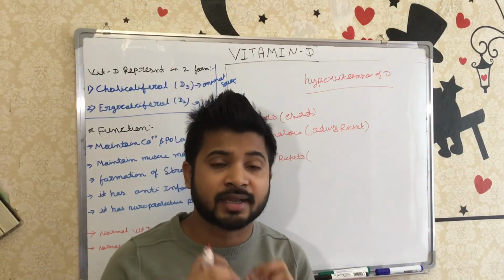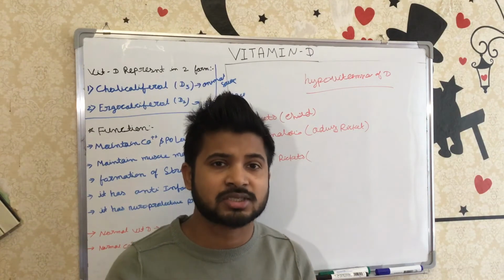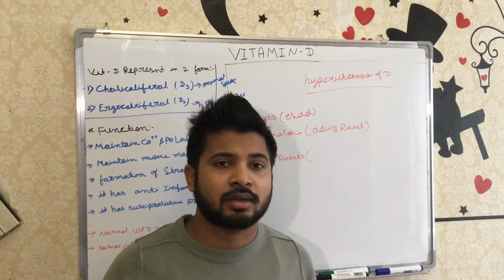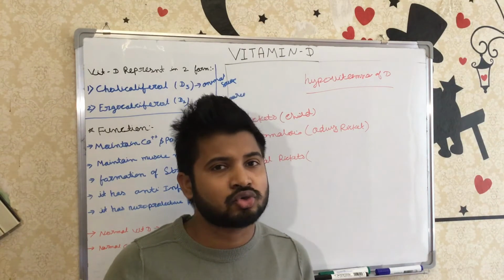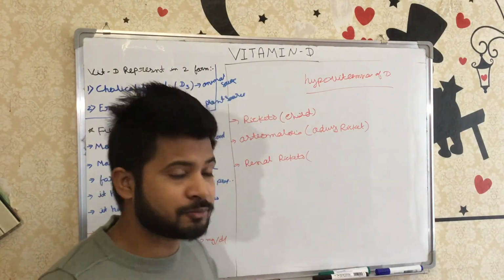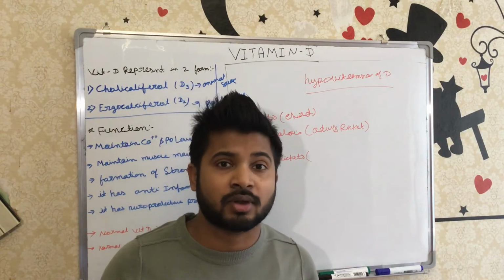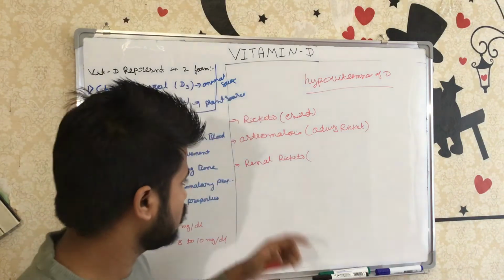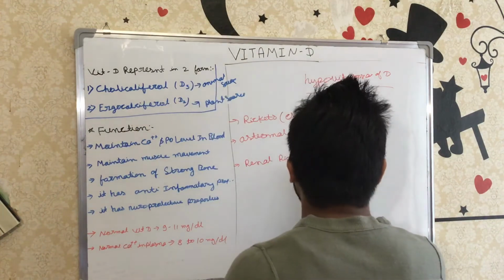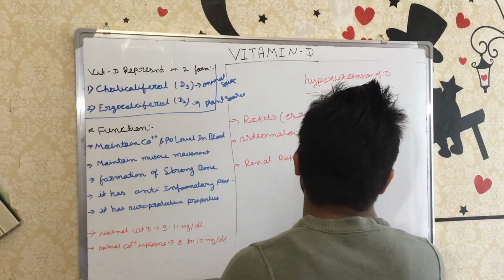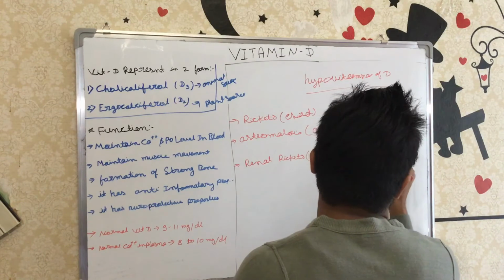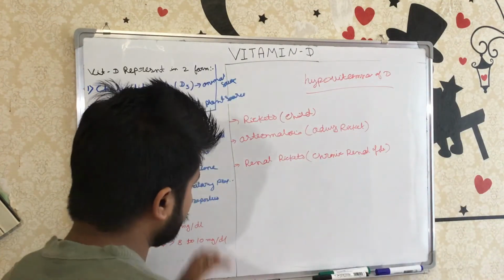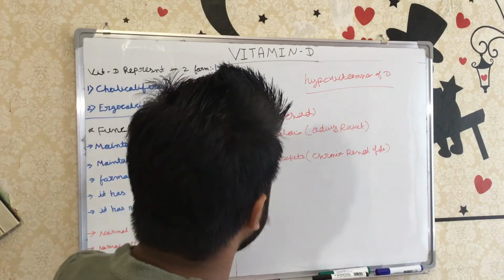As we know, the kidney has the 1-alpha hydroxylase enzyme, and without this enzyme the vitamin D will not be activated, and inactive vitamin D will not do any function. That's why the kidney must work properly in healthy conditions. Chronic renal failure can lead to vitamin D deficiency because the enzyme will not work. So these are the three main diseases.